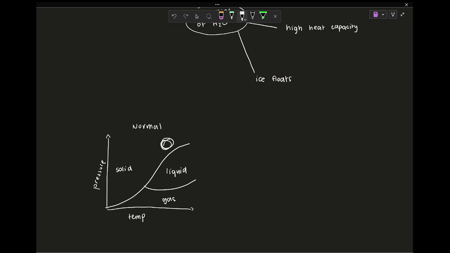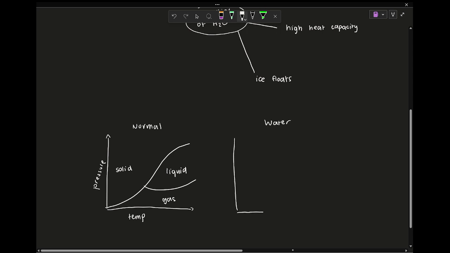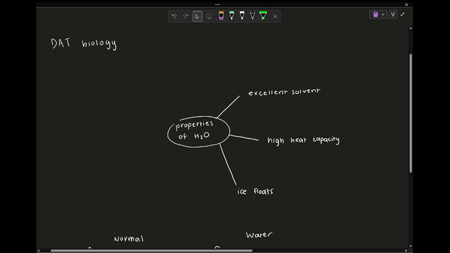It'll continue going to a solid basically, because you raise the temperature, raise the pressure, it'll become more of a solid. And then for water, this is how the phase change graph looks. As you raise the temperature and the pressure, you're going to end up being in a liquid form. And this just shows and proves the ice floats property again.